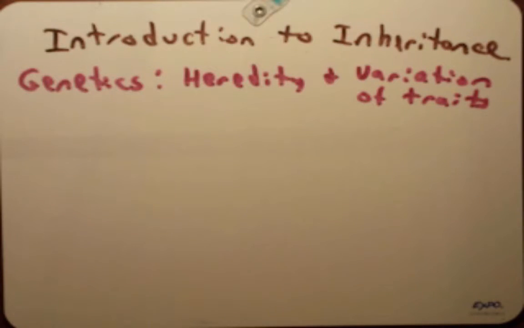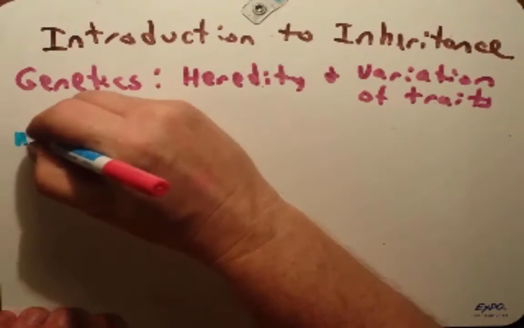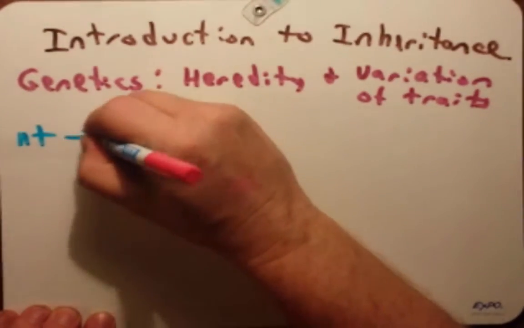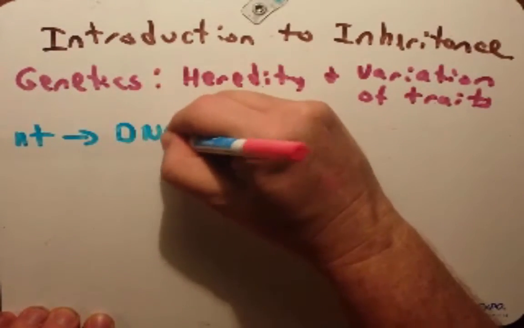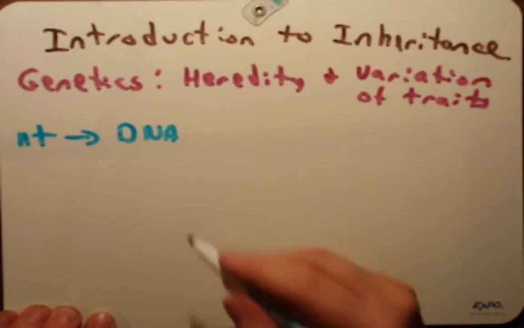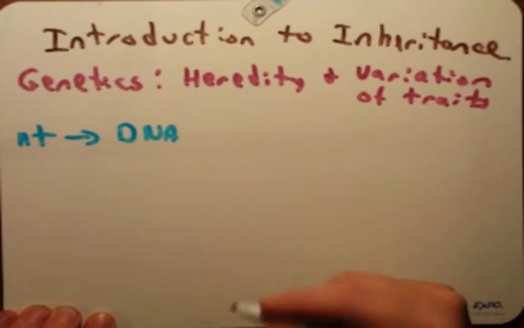So remember, we began this semester talking about simple nucleotides and how these nucleotides were constructed in such a way to make DNA. And we talked about the properties of DNA and how it formed and the history of discovering how it was the genetic material and all this great stuff about DNA.